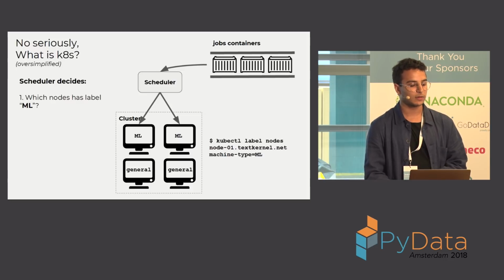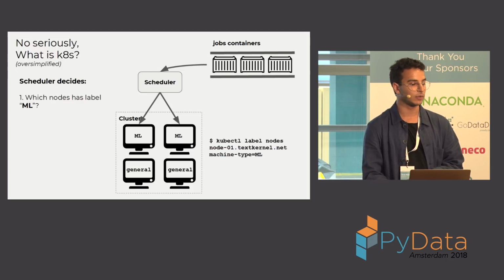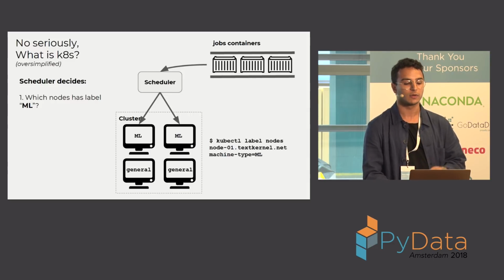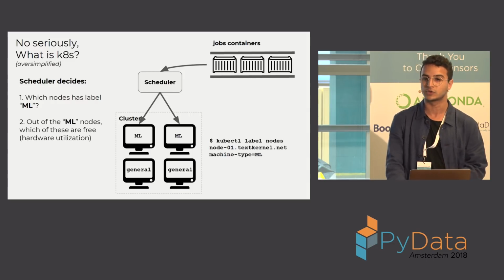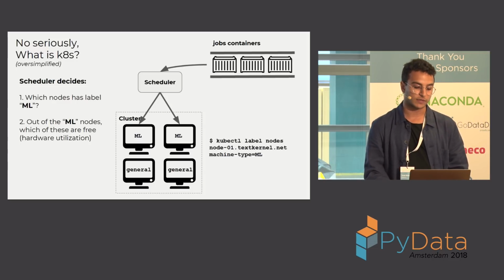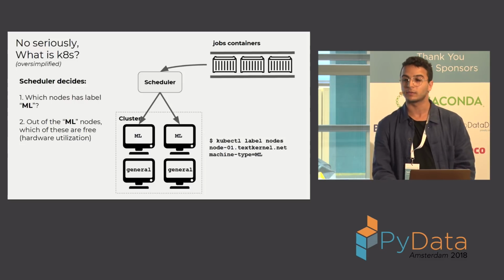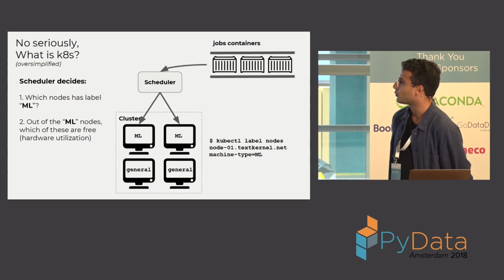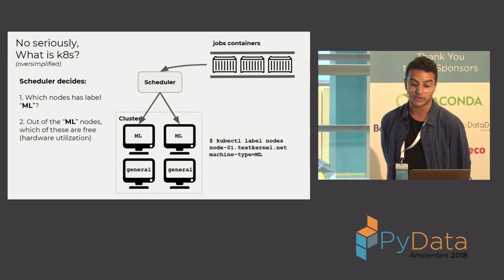So one thing, which nodes has machine learning labeled? So as I mentioned, we label these machines according to the specs, and then I ask, OK, which of them has the label machine learning that I can use to schedule this job? That's one thing. The other thing is, again, out of these ML nodes, which of these are being utilized? So remember Luigi, when he was trying to find a machine, the whole point was which of these machines is actually empty right now.